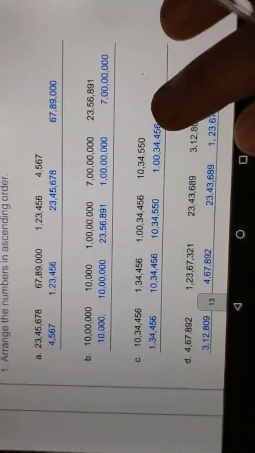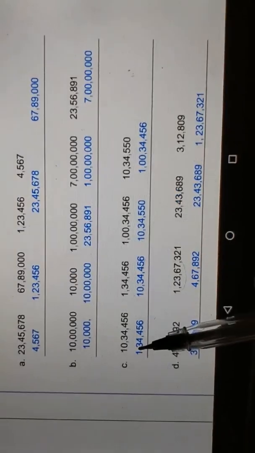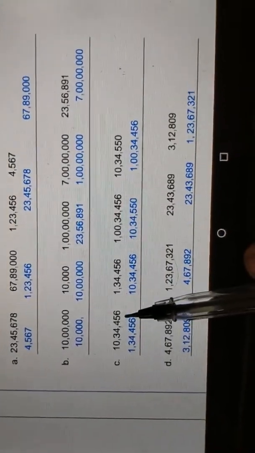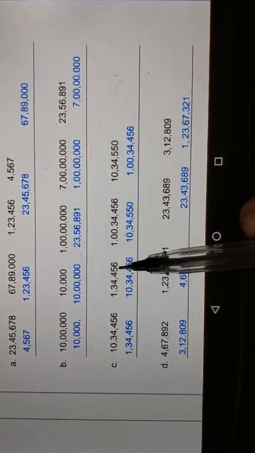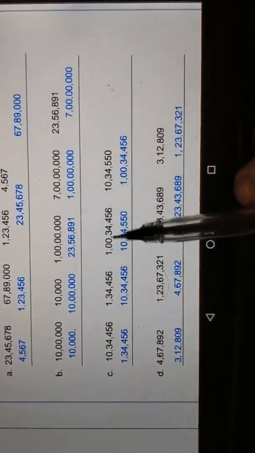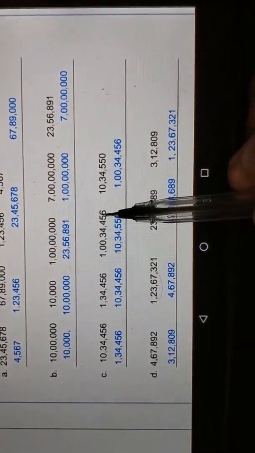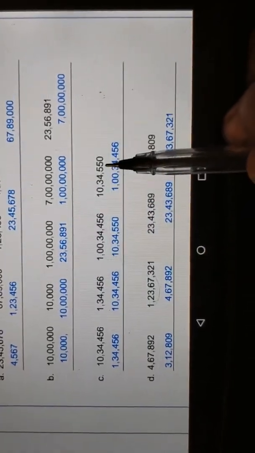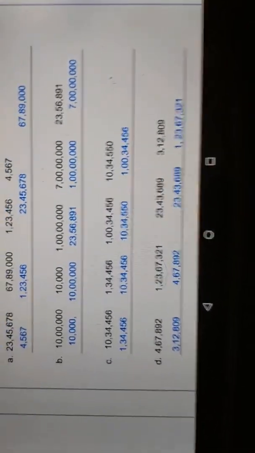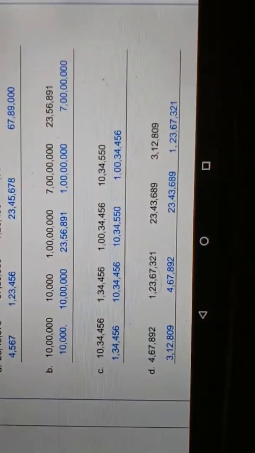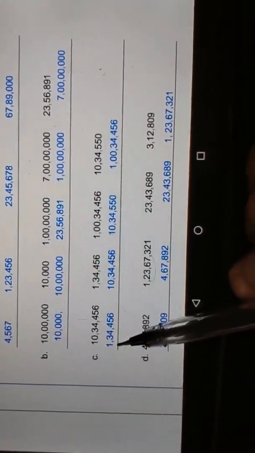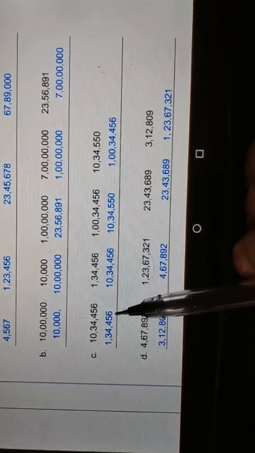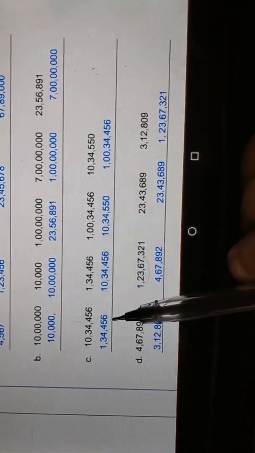Then 10 lakhs 34,456, 1 lakh 34,456, 1 crore 34,456, 10 crore 34,556. So we have to write 1 crore 34,000, 1 lakh 34,456. That one is the smallest number.